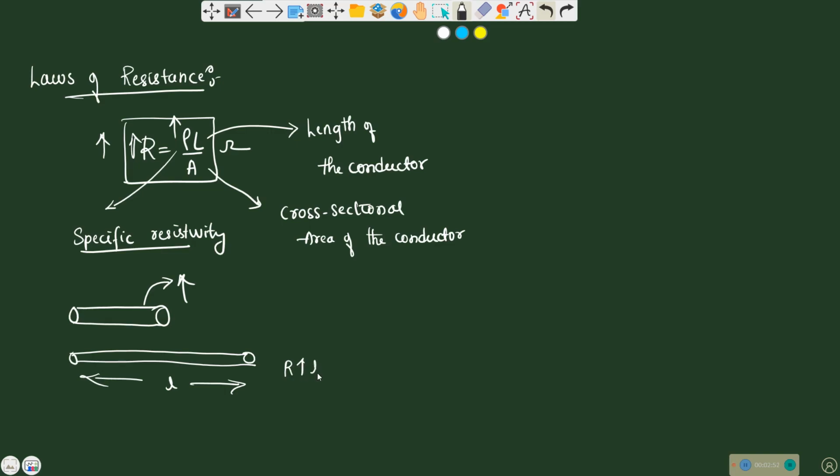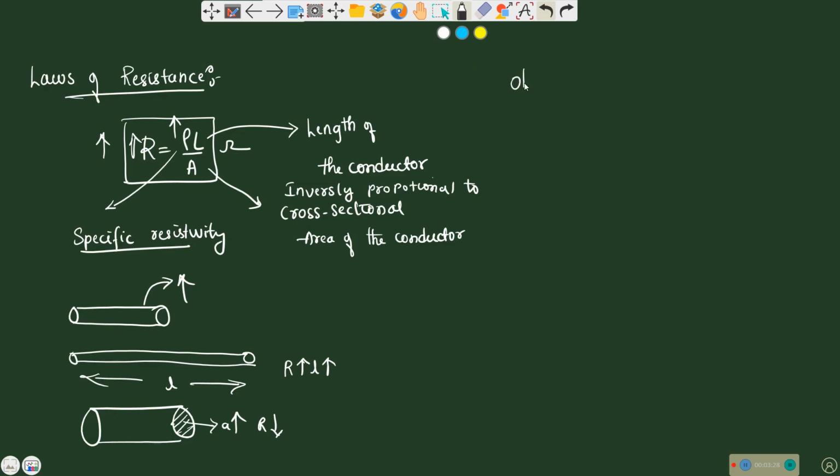But resistance is inversely proportional to the cross sectional area of the conductor. As the area A increases, resistance will decrease. These are the laws of resistance.